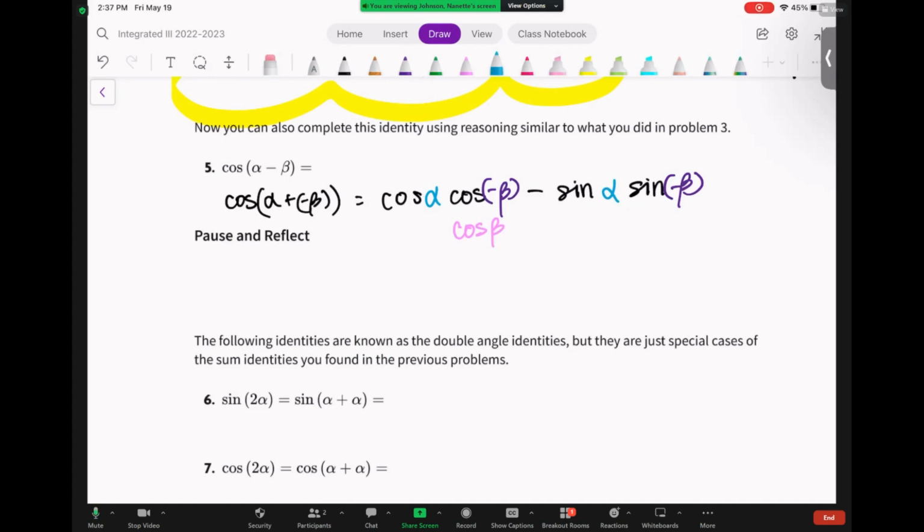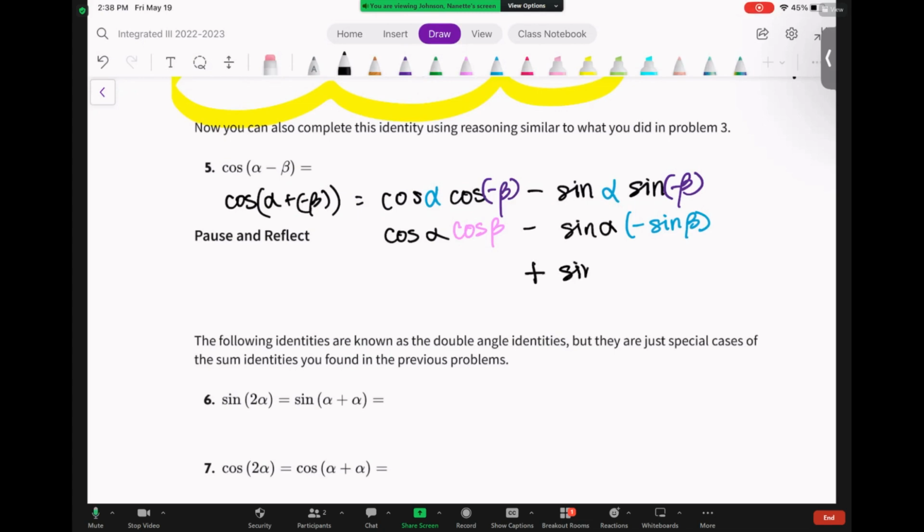As opposed to sine, which is an odd function, so sine of negative beta will simplify to negative sine of beta. And then you know what's going to happen next, right? We're just going to multiply those out and then we're done. Minus sine of alpha, and so negative sine alpha times negative sine beta turns into a positive.